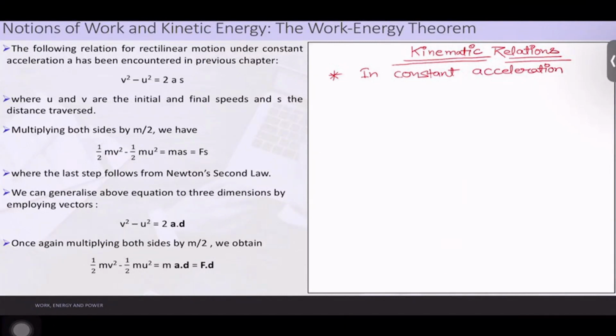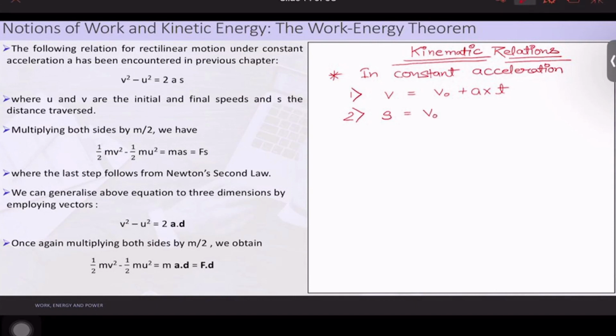The first kinematic equation which we got was that the final velocity v is equal to initial velocity plus acceleration into time. The second kinematic equation was that the displacement S is equal to initial velocity into time plus half a t squared.